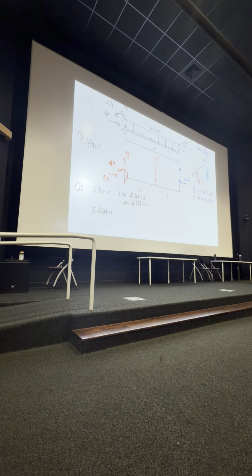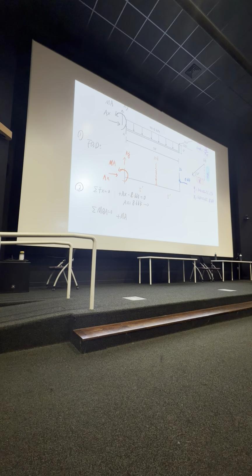This MA is going in which direction? Counterclockwise, right? So it means positive MA. And do we need to consider the AX and AY? No, because the AX and AY are acting on our reference point. So we don't have to care about that.